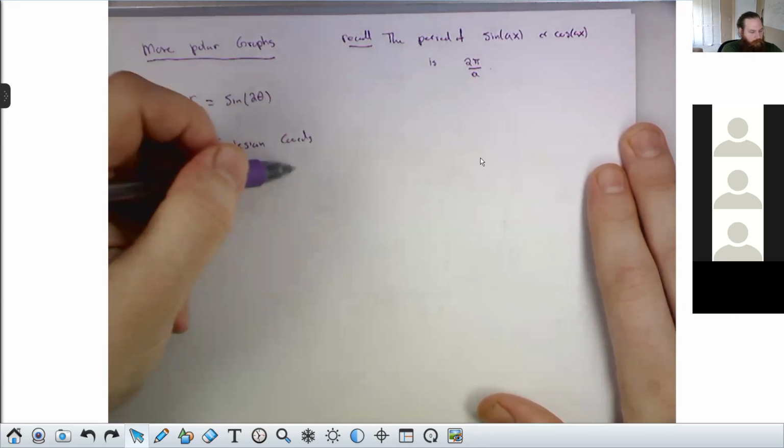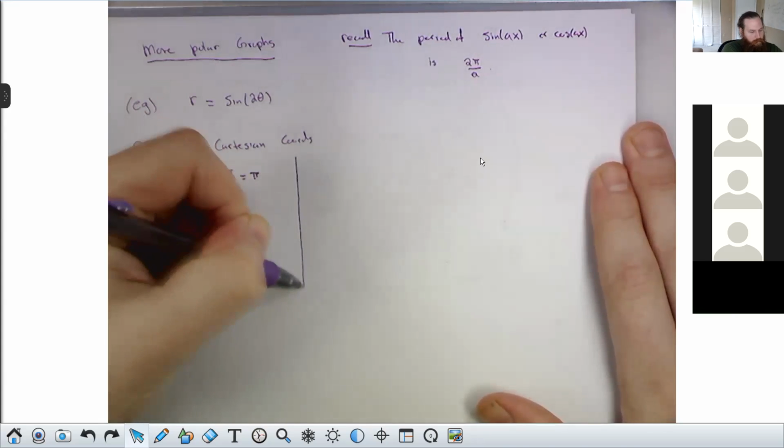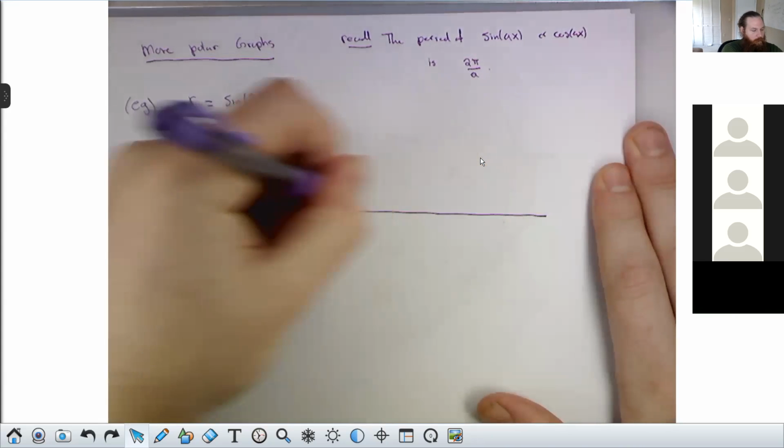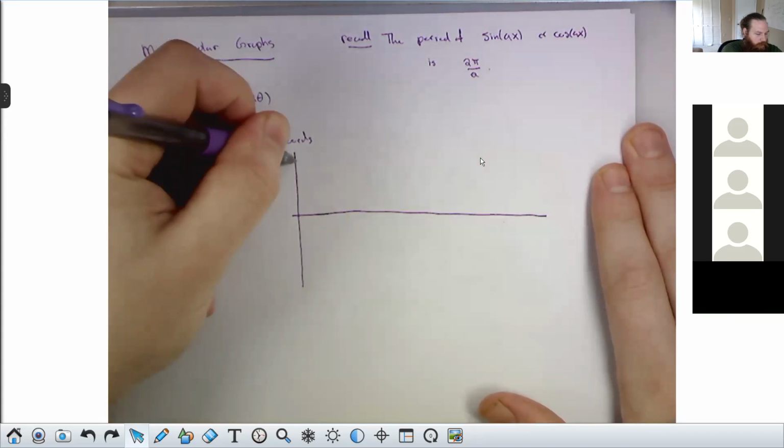We always need to graph at least out to 2 pi, so we know what happens as you revolve all the way around the circle in polar coordinates.